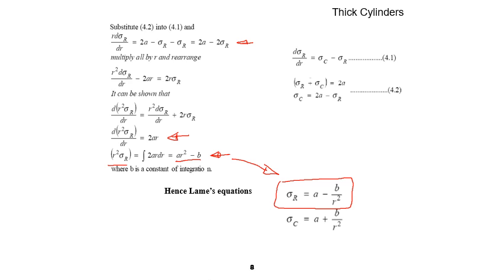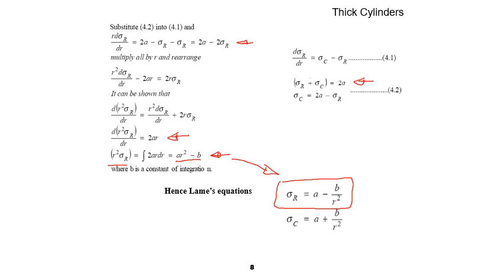And if we replace sigma r into our initial equation of sigma c minus sigma r, right? Because we have sigma r plus sigma c is equal to 2a. Remember this equation from the previous page. And we replace sigma r is equal to a minus b over r squared here in the equation.